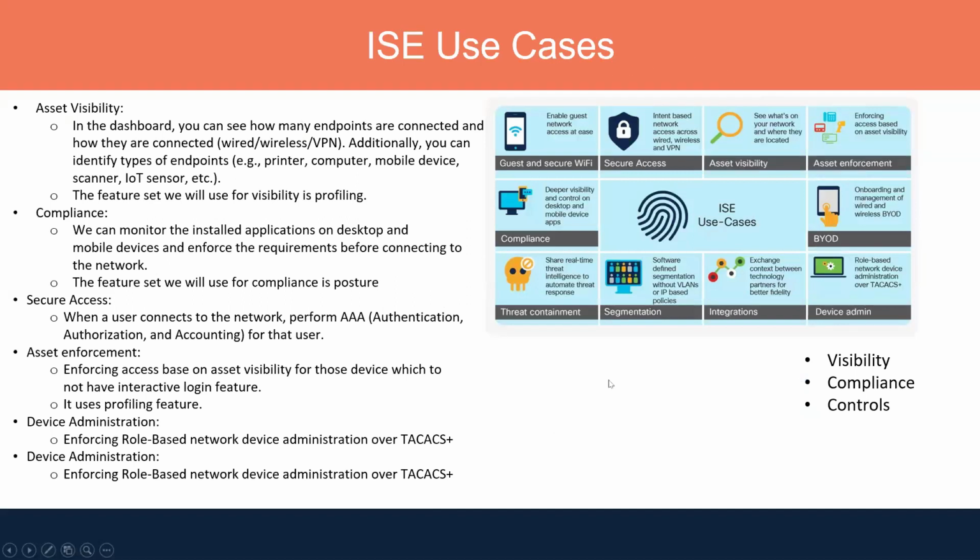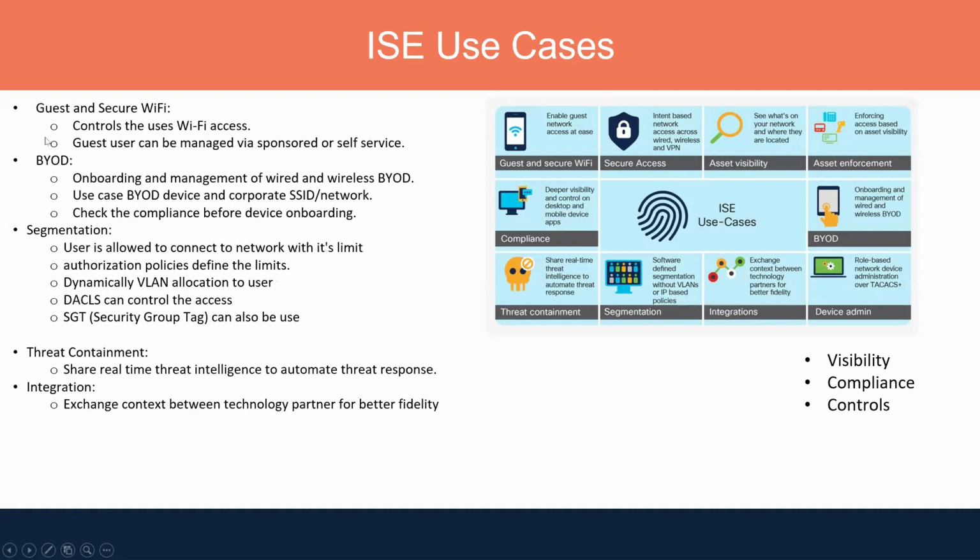You have seen the use cases where ICE can be useful: where users want asset visibility, to enforce compliance, to have secure access, asset enforcement, device administration, to control guest and corporate Wi-Fi access, to allow BYOD devices to access network resources securely, to have segmentation, or to enforce threat intelligence. So ICE would be useful for those scenarios.